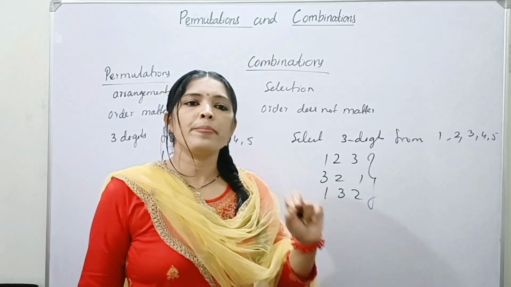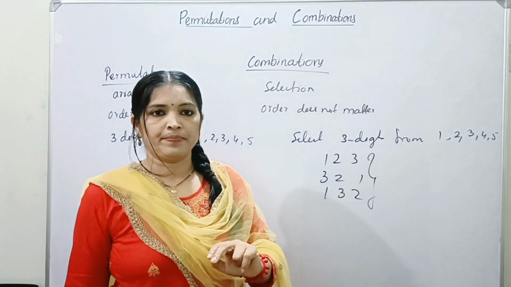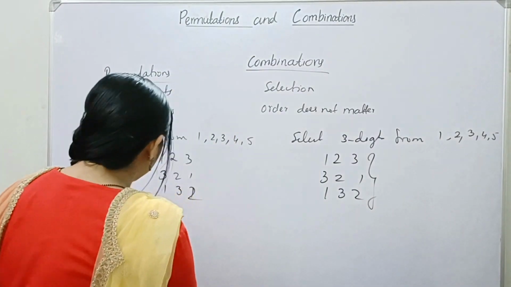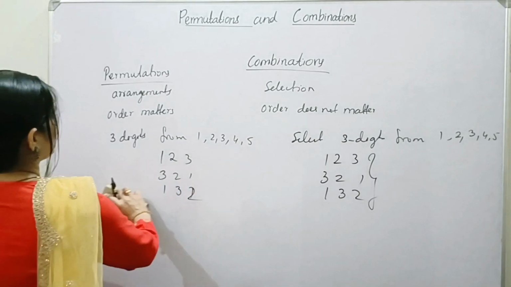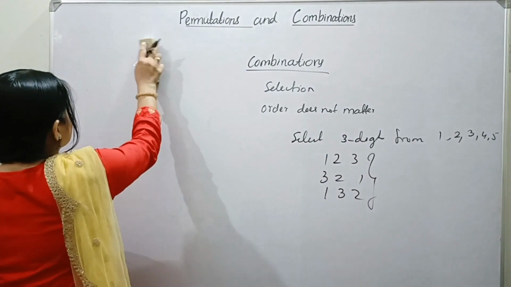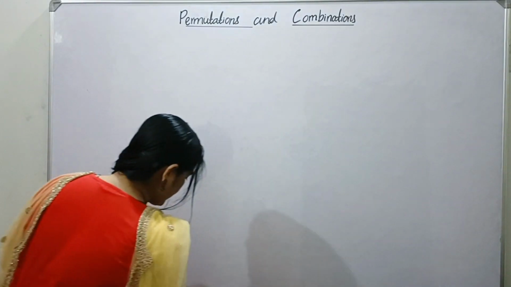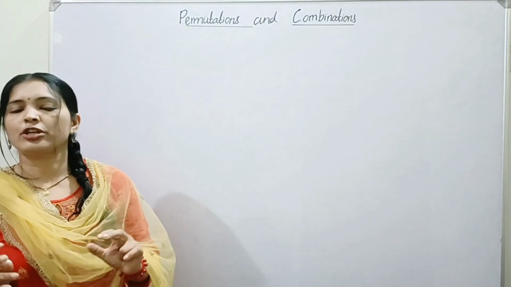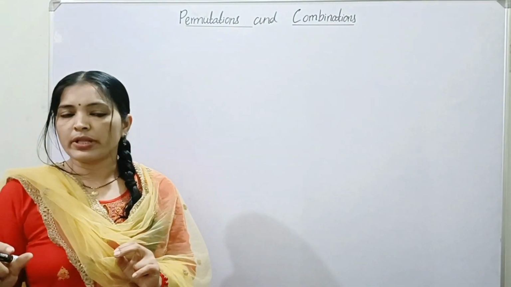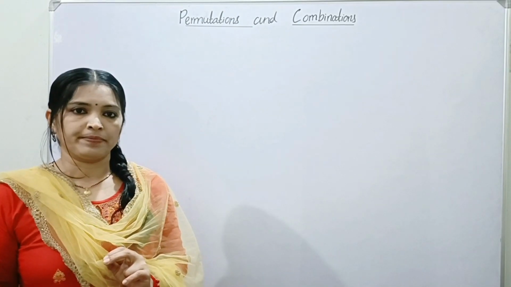So remember, in combinations order does not matter. So what is a combination? Combination is the number of selections of objects when the order does not matter, right?